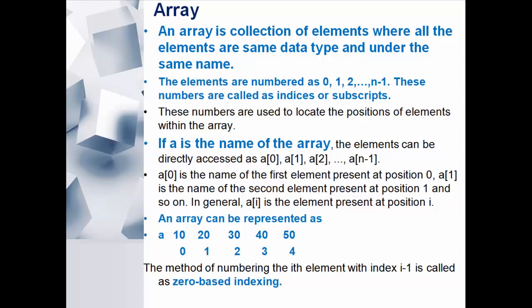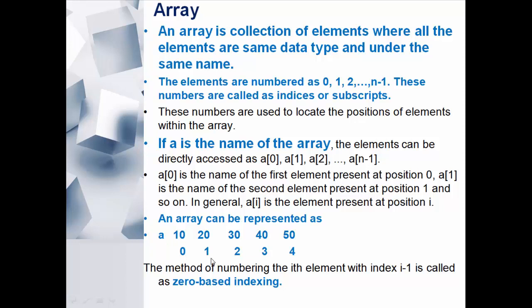In general, it can be written as a of i is the element present at position i. So in general form, i may be 0, 1, 2 and so on, depending upon the array size.